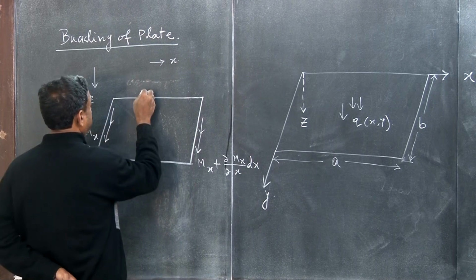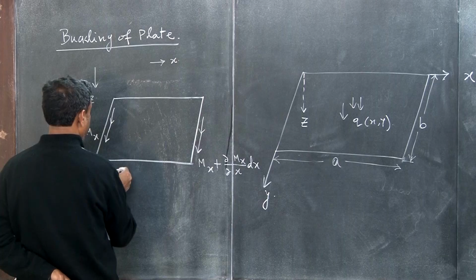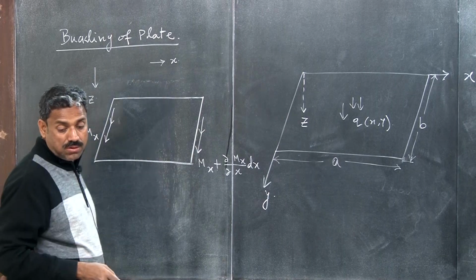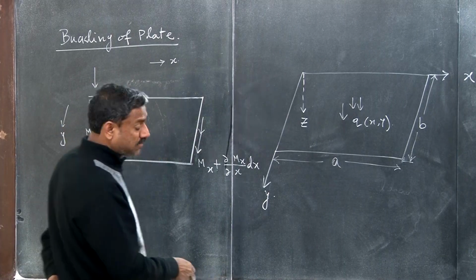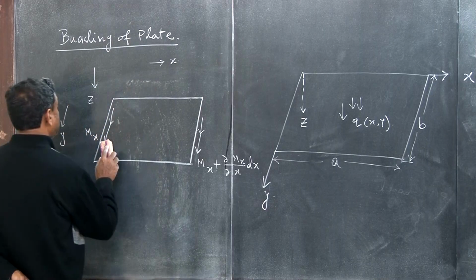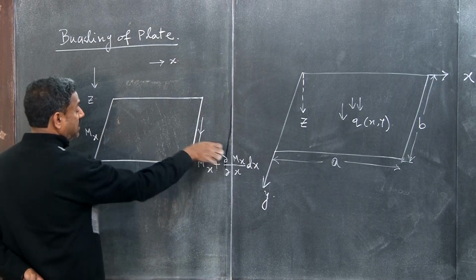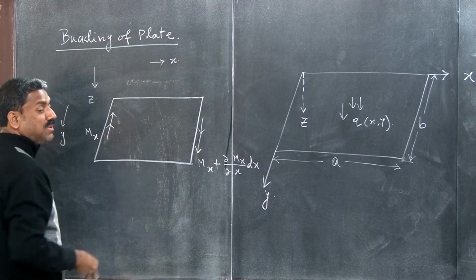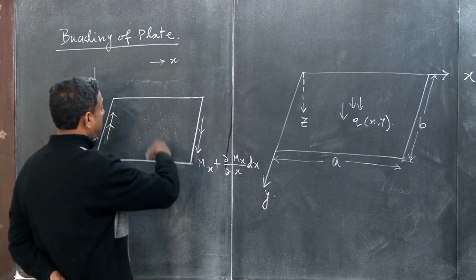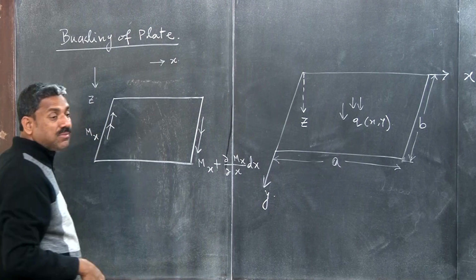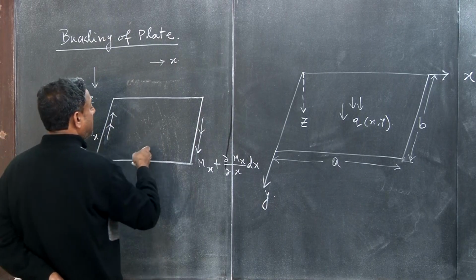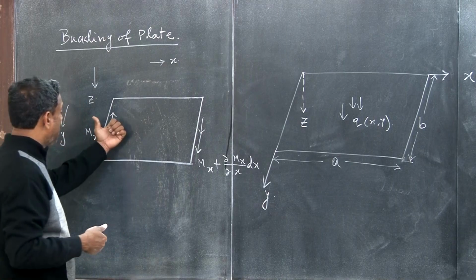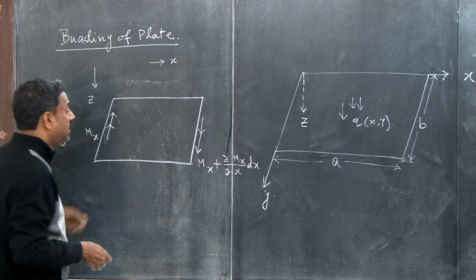And here it will be in the opposite direction, because this is the positive face and this is the negative face. You understand? Positive face in the positive direction of x, this is positive. And then this is the negative face, because it is normal to this, this is negative, right?